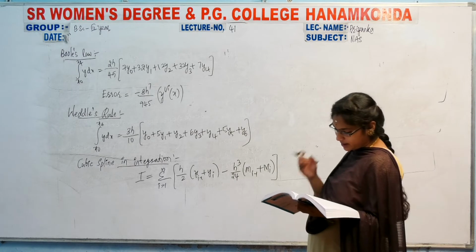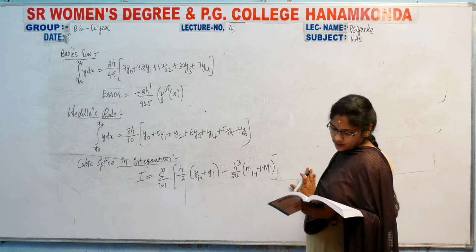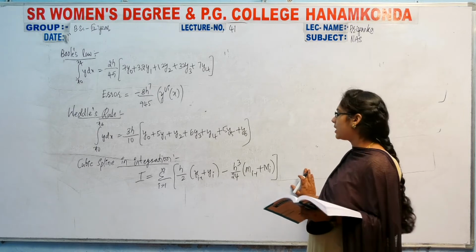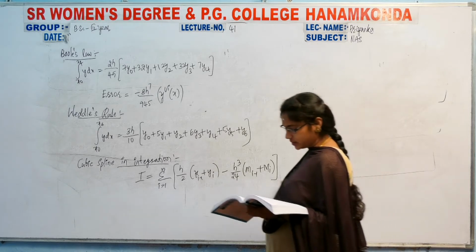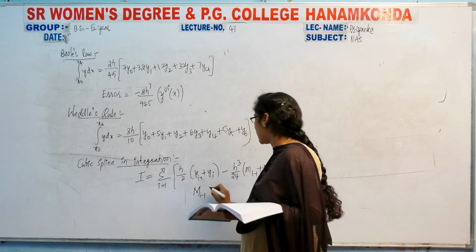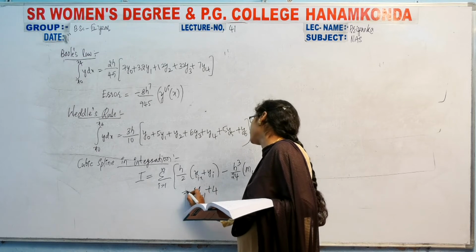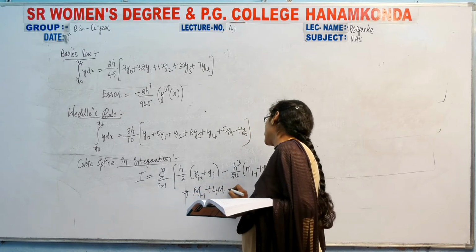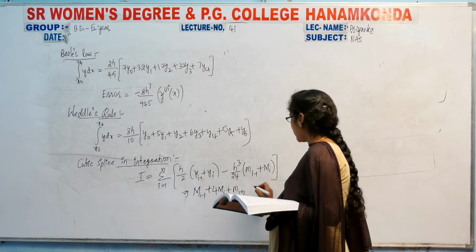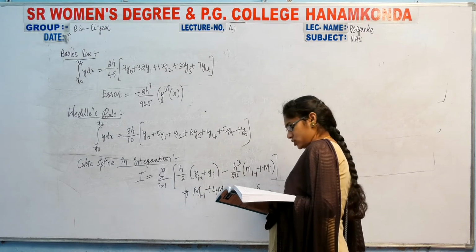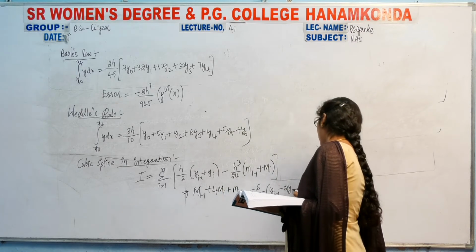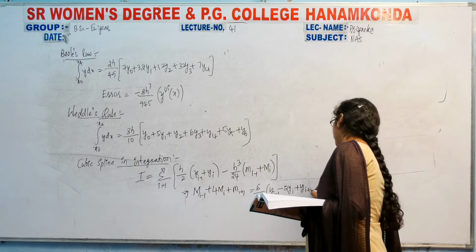Where mi, the spline second derivatives, are calculated. How will we calculate the m values? Yesterday we discussed one formula: mi minus 1 plus 4 into mi plus mi plus 1 equal to 6 by h square of yi minus 1 minus 2yi plus yi plus 1.